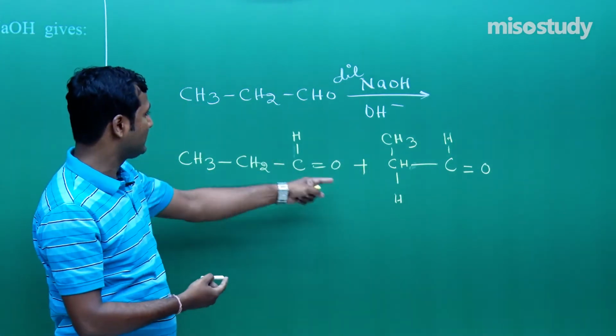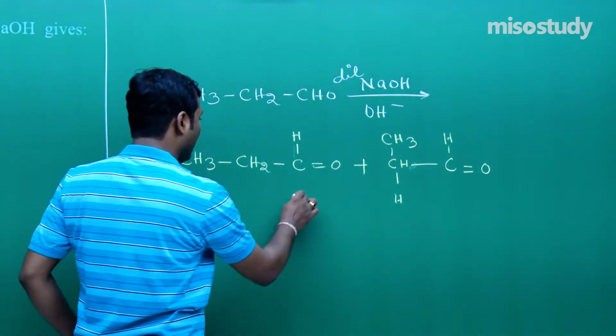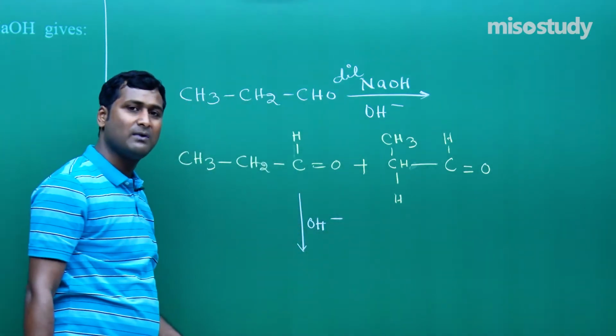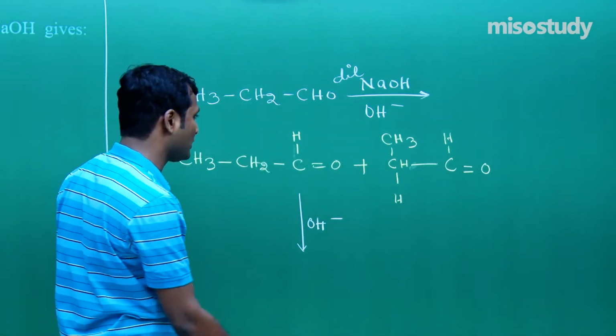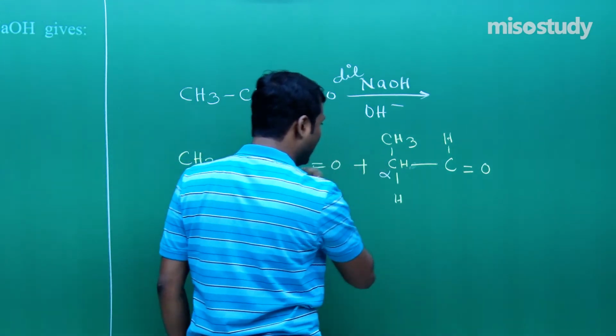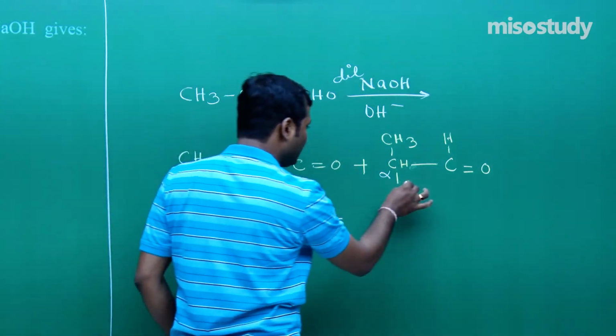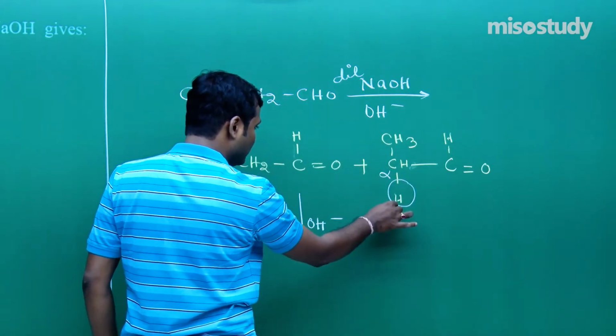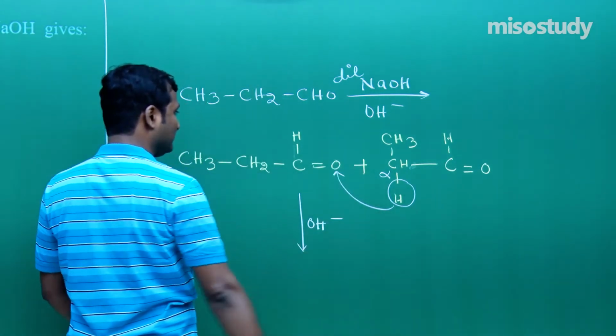I have written this as 2 moles, and we know in presence of base, this is the famous aldol condensation. This one is the alpha carbon, so this one is alpha hydrogen. So this will add here.